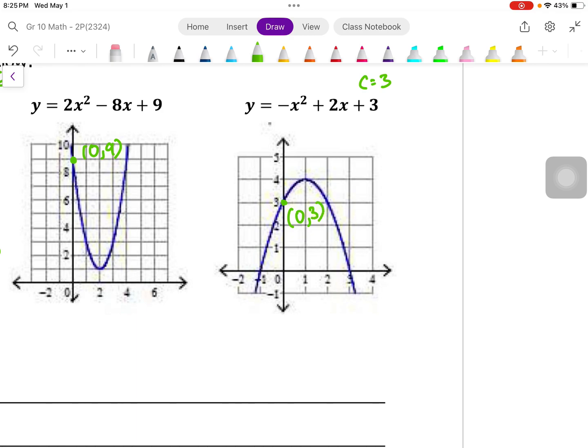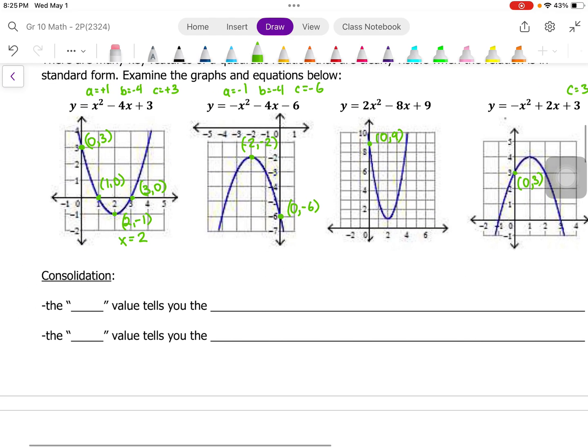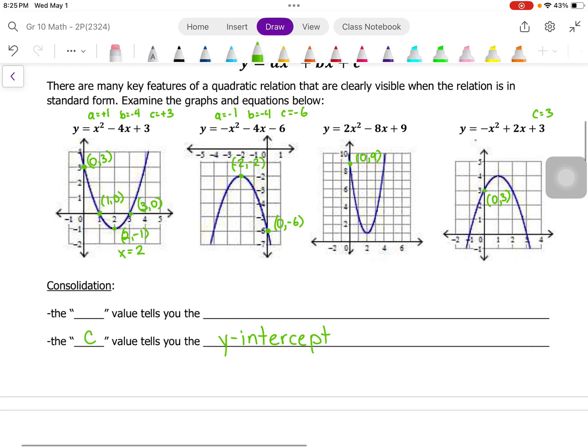There we go. So what we see is that the c value tells us the y-intercept. So this is where standard form is helpful. It will tell us the y-intercept of our quadratic relation, so we can graph that point of our parabola.